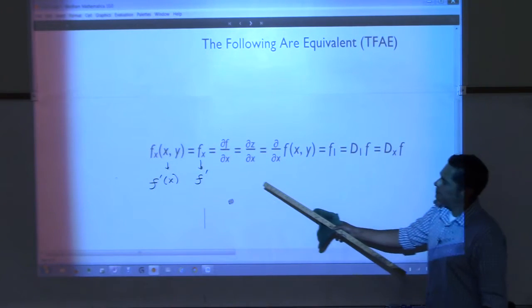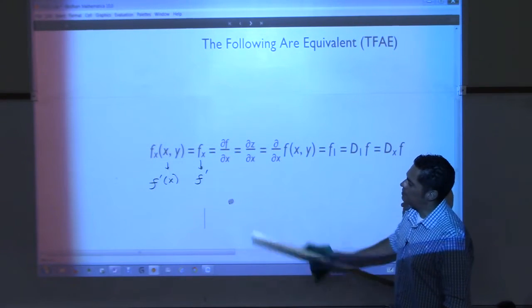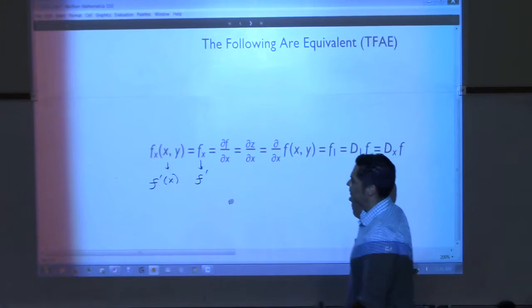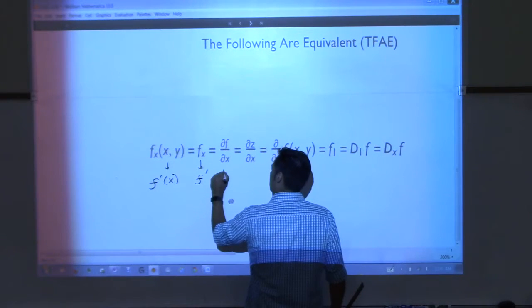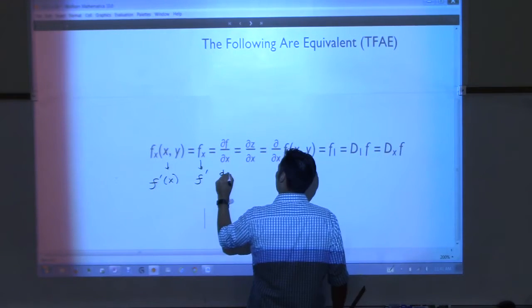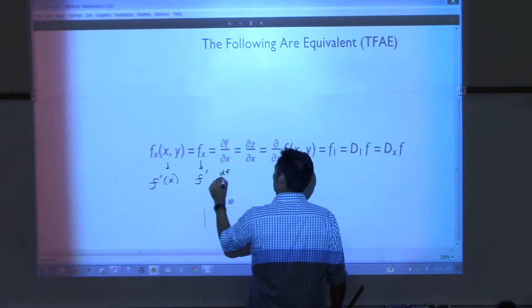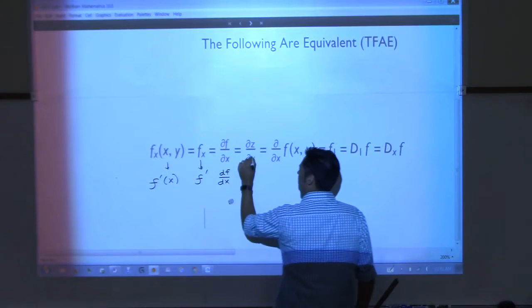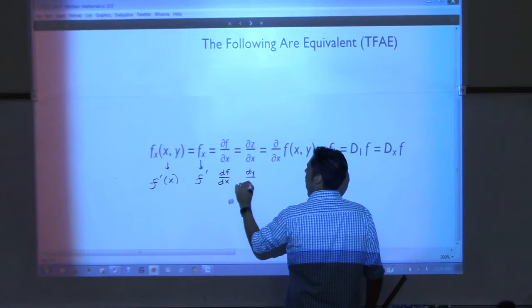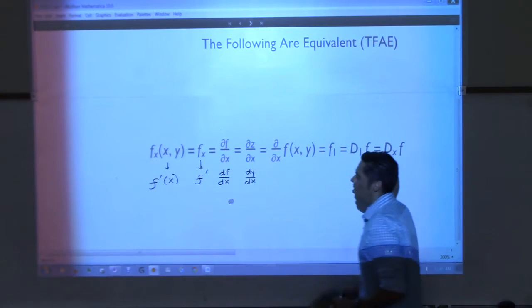This one would be df dx in Cal 1. This one would be dy dx in Cal 1.